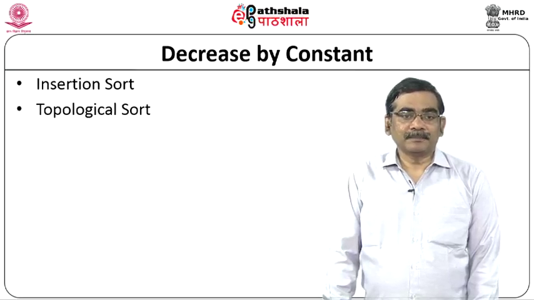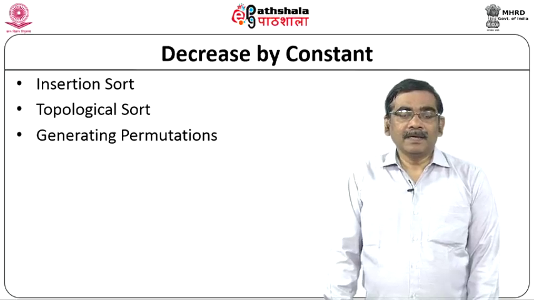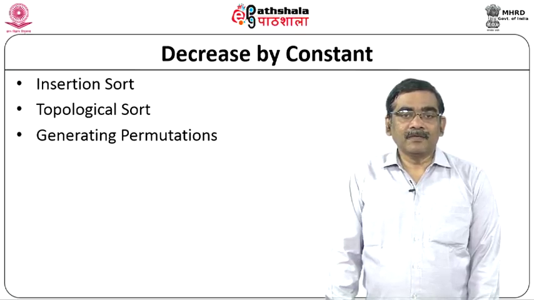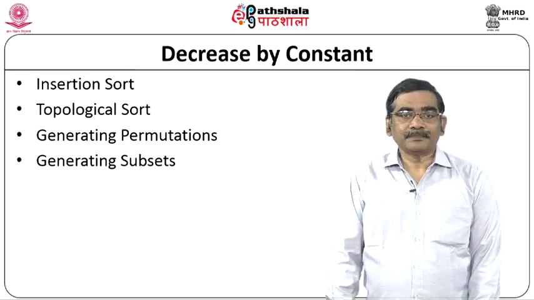Topological sort is also a decrease by constant algorithm, and generating permutations is also an example of this particular paradigm. In this module, we are going to concentrate mostly on these problems.